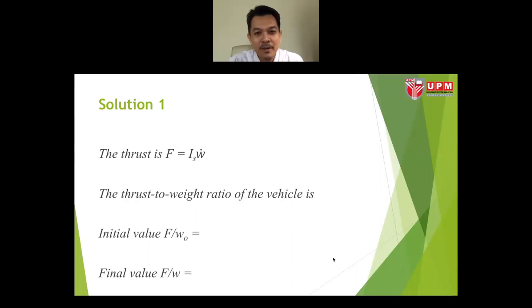So it's not the mass flow. This is the W dot. Okay, what is the value of the thrust now? Any answer?